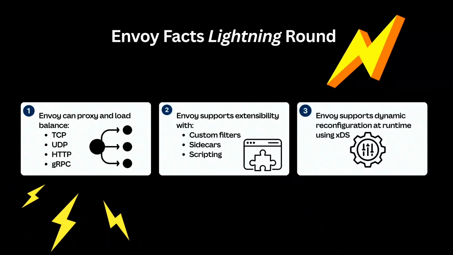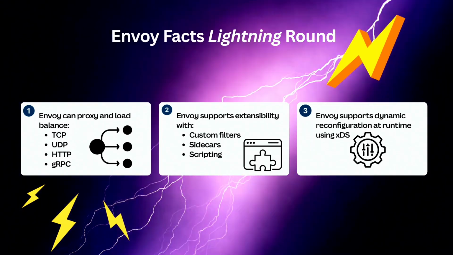Few quick facts, I guess. Envoy can proxy and load balance all the things: TCP, UDP, HTTP, gRPC. gRPC is technically a subset of HTTP, but whatever, we'll consider it a separate thing.